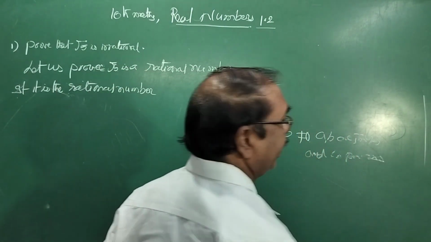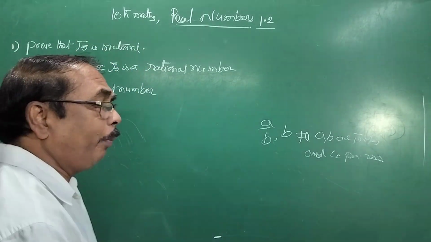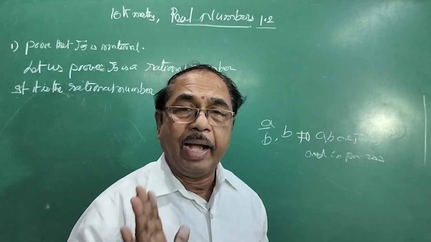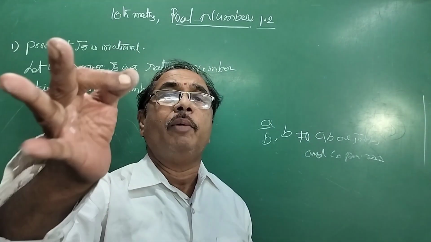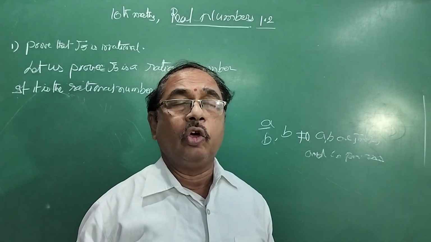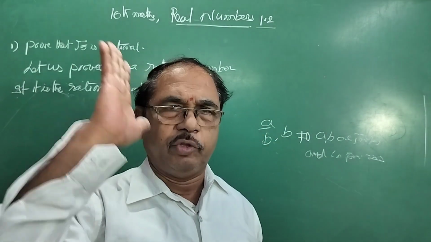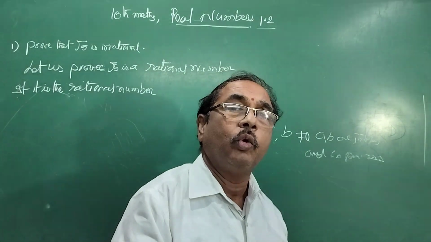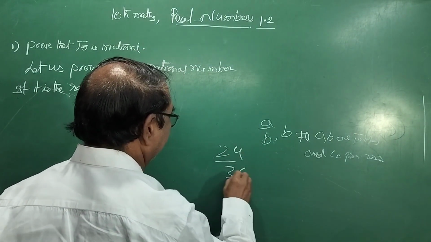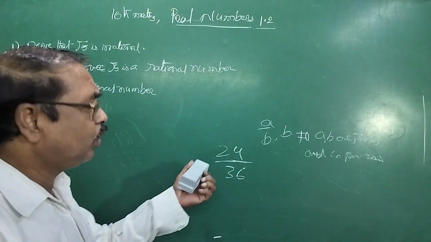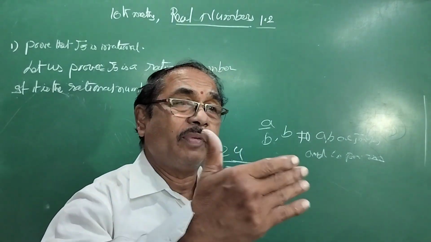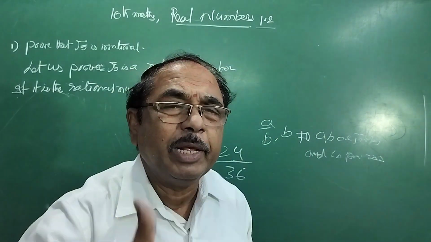Yes, it is also to be explained. What are co-primes? In the numerator and denominator, no common factor goes. For the numerator and the denominator, no common factor is there; then those are co-primes. Take 24 by 36. It is also the same, because co-primes means the fraction is shown in the simplest form.